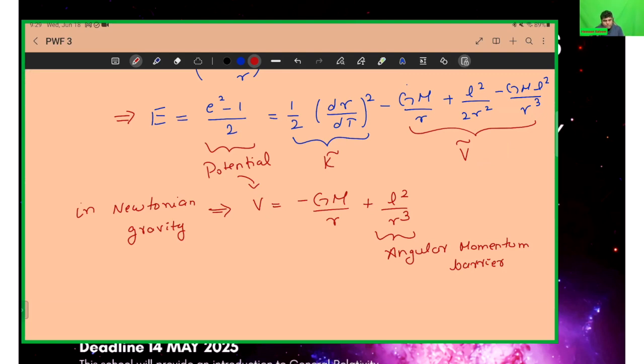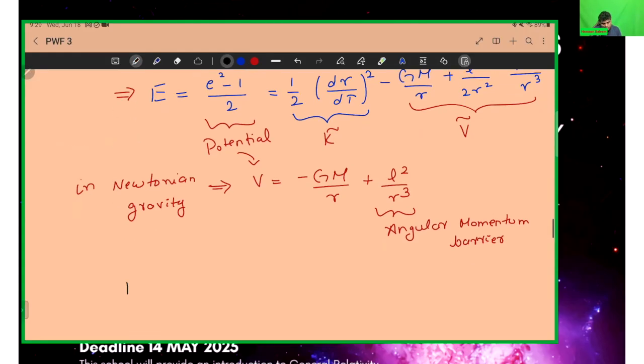Well, for that you need to differentiate this equation with respect to r. So what do you get if you do that? The equation is E equals 1 over 2 dr over d tau, not with respect to r, with respect to tau, of course, plus.